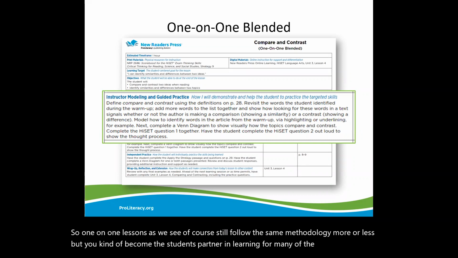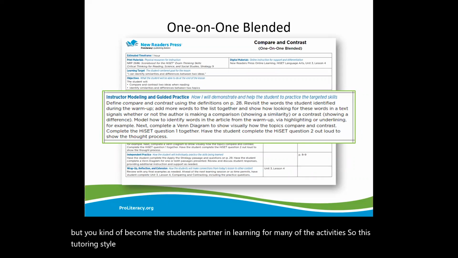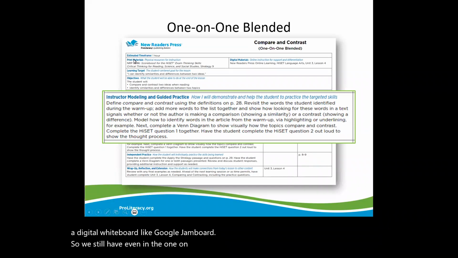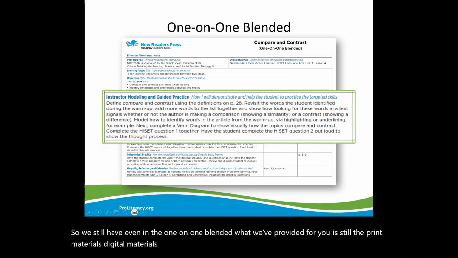So this tutoring style lesson includes a Venn diagram, again, easily replicated via a presentation slide or a digital whiteboard like Google Jamboard. So we still have, even in the one-on-one blended, what we've provided for you is still the print materials, digital materials, objectives, and all the steps there.